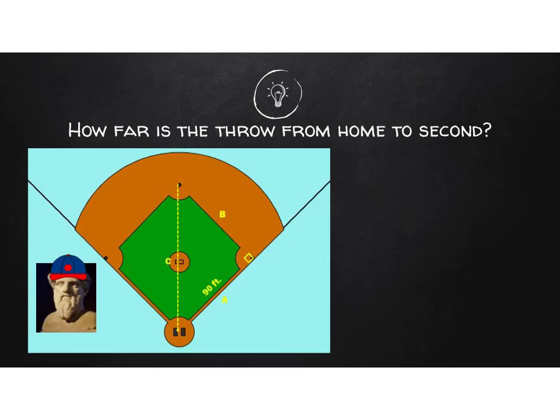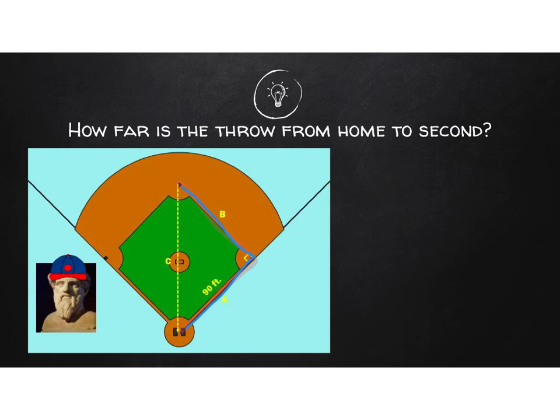All right, how far is the throw from home to second? So that's Pythagoras here playing baseball, and we want to figure out how far the throw is from home to second. Let's know that a baseball diamond is a square, and we are going to use the right triangle along here to find that information.